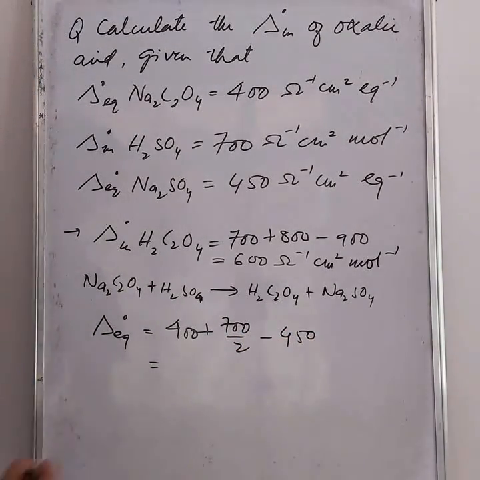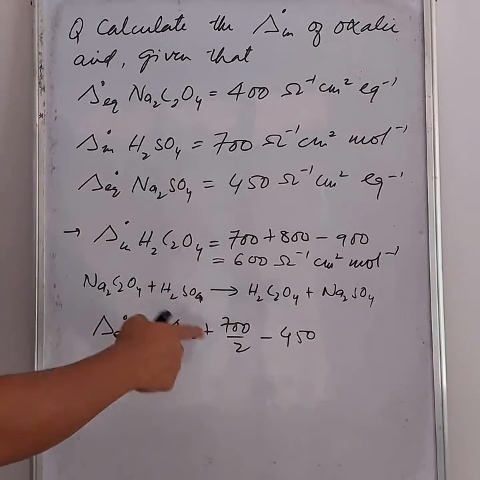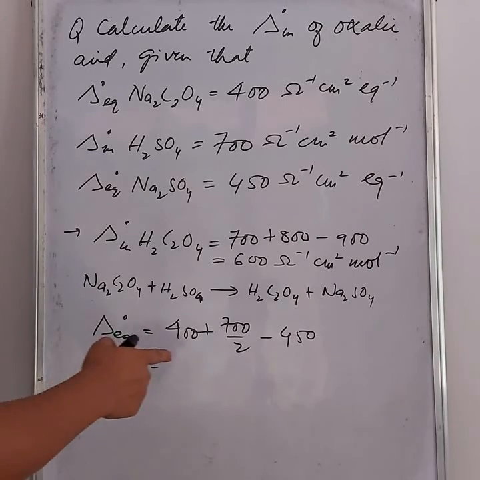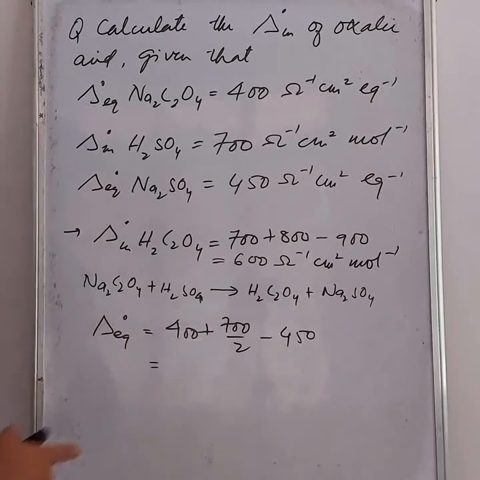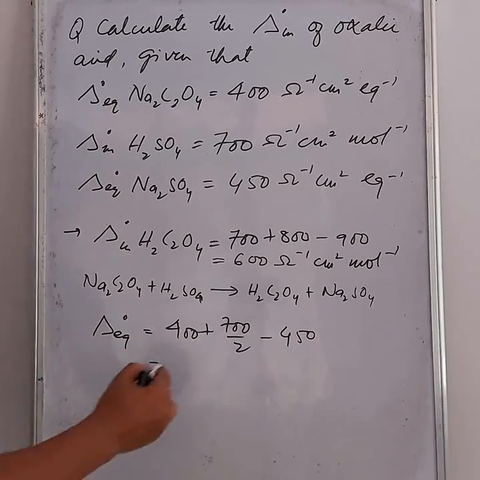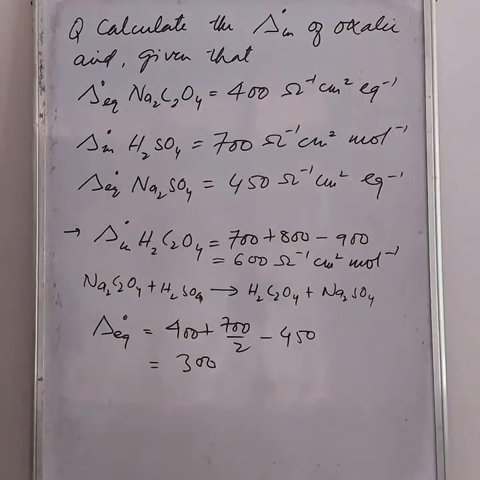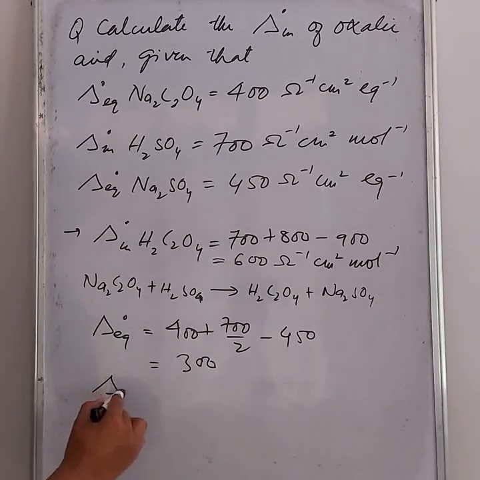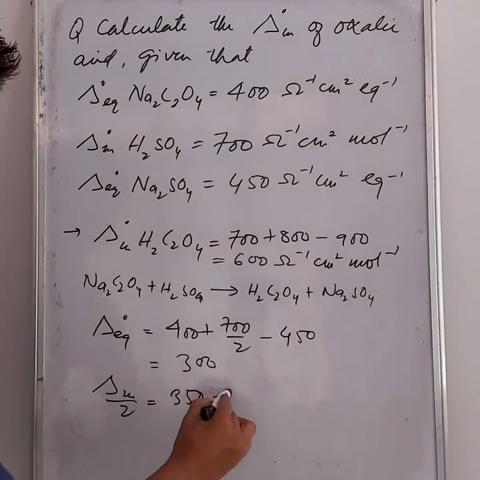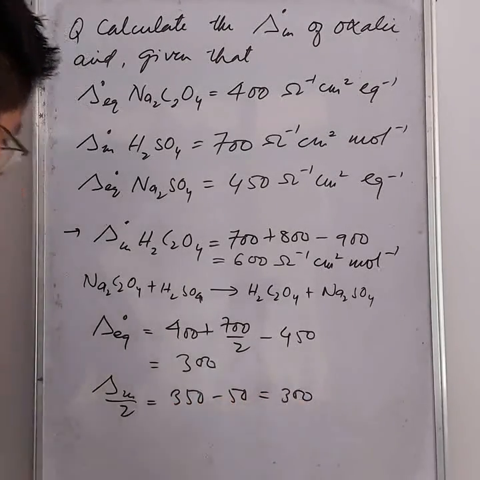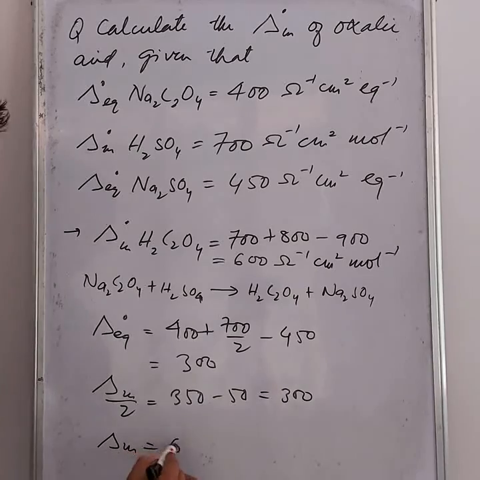That will give our equivalent conductance 350, and 350 minus 50 gives 300. So our total molar conductivity is 600.